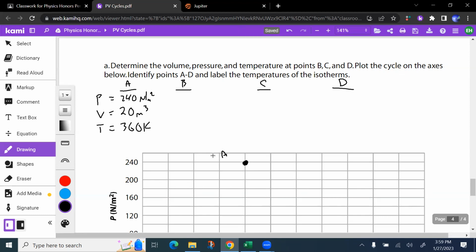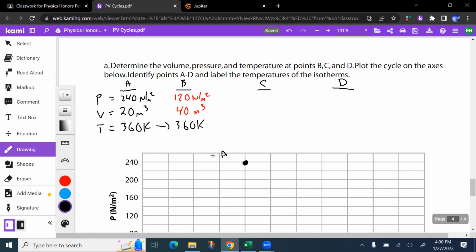Now, what happened to that information at B? So at B, the pressure cut in half. So the pressure is now down to 120. The volume doubled. So the volume is now up to 40. What happened to the temperature? It did not change. It stayed the same temperature.